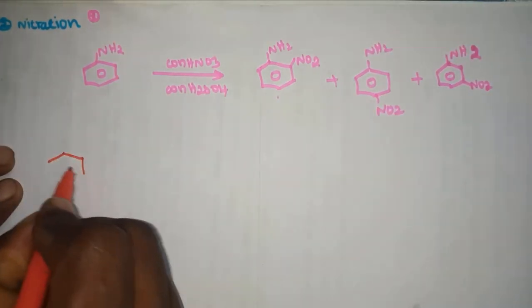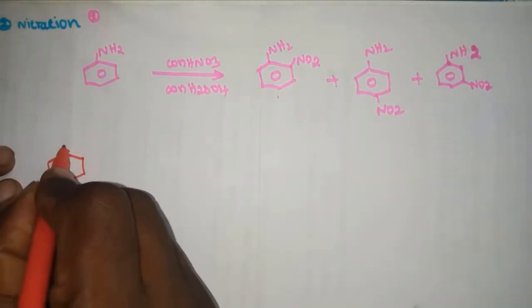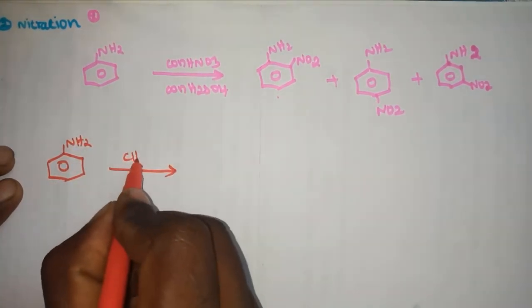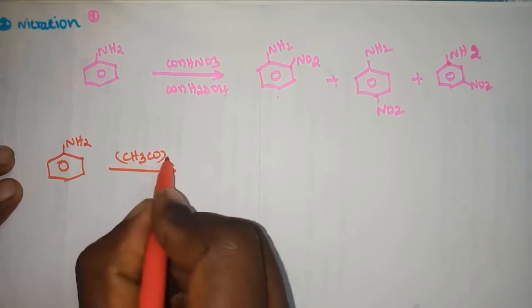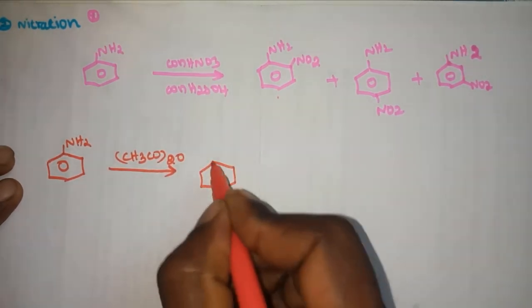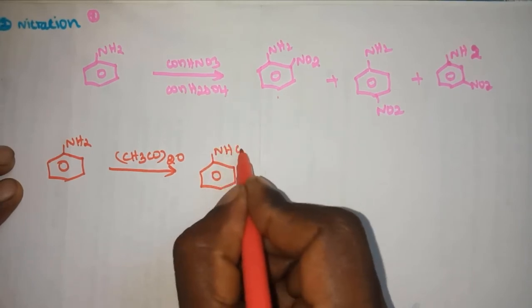First step is protection of the NH2 group. Aniline reacts with acetic anhydride (CH3CO)2O to form acetanilide, NHCOCH3.